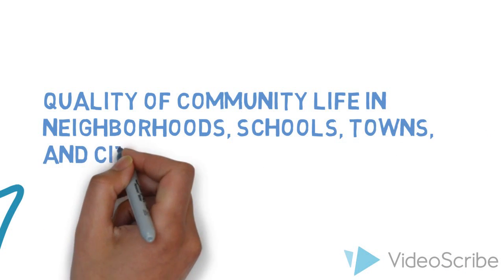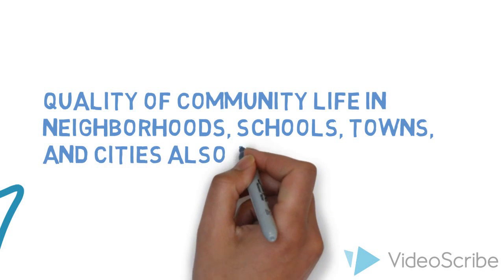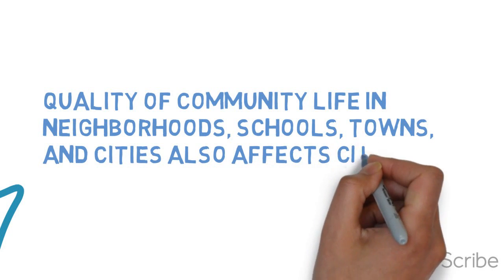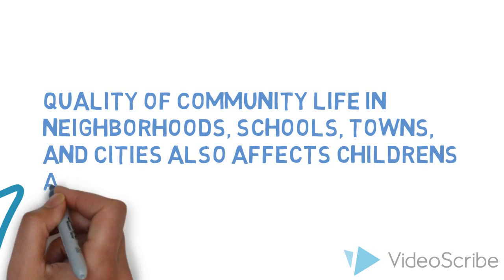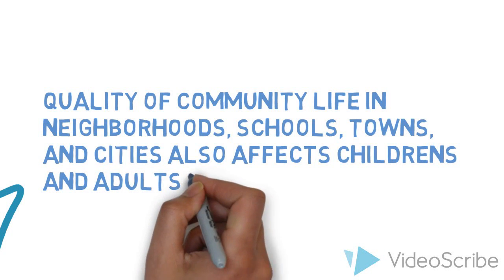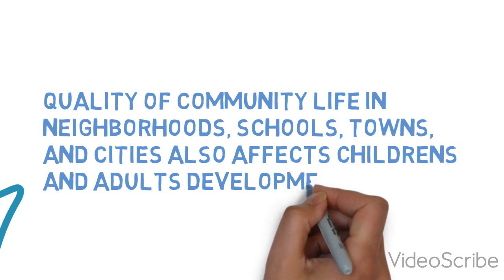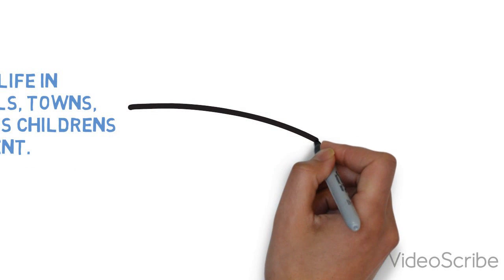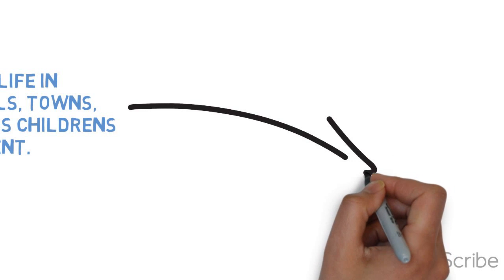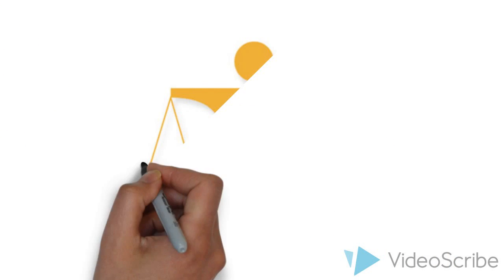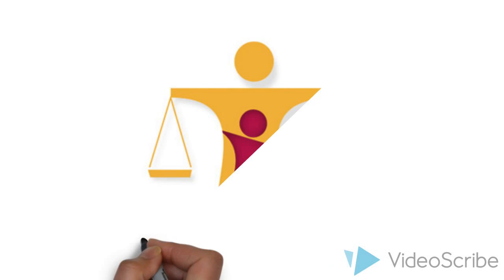Beyond the immediate family, the quality of community life in neighborhoods, schools, towns, and cities also affects children's and adults' development. Cultural values, for example, the degree to which a society emphasizes collectivism versus individualism, combined with laws and government programs to shape experiences in all of these contexts.